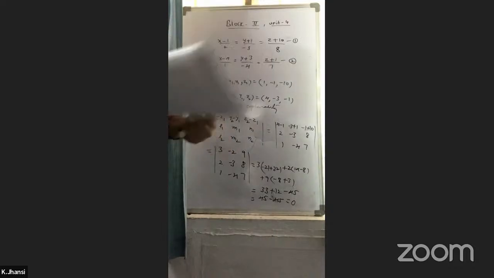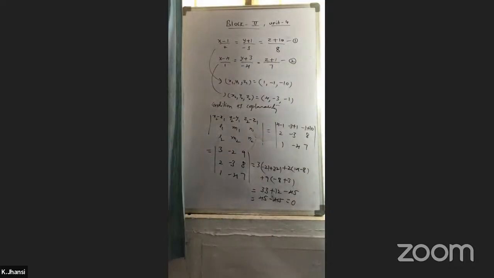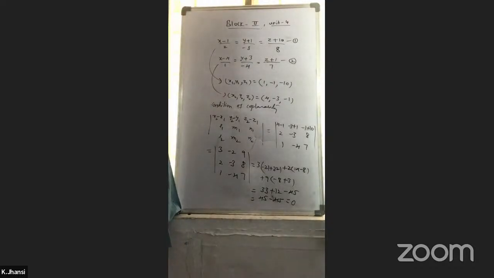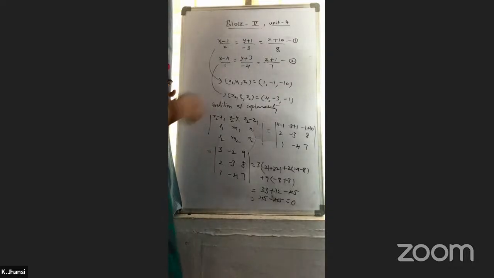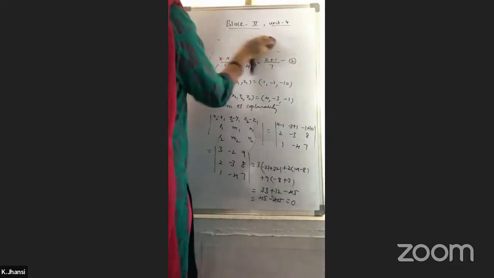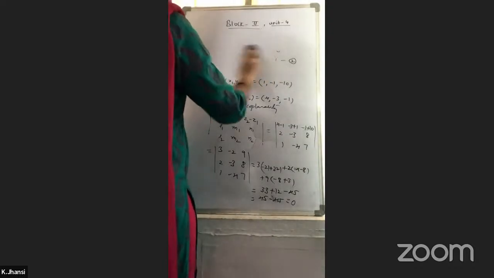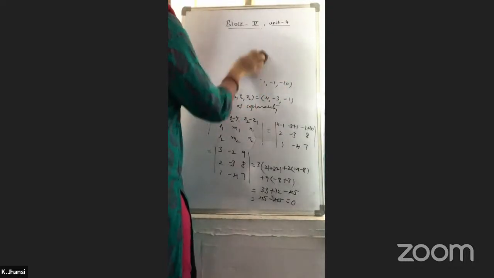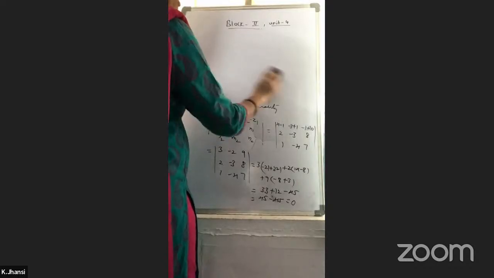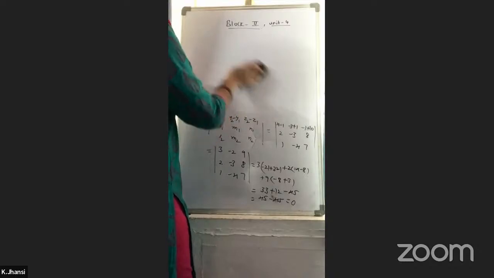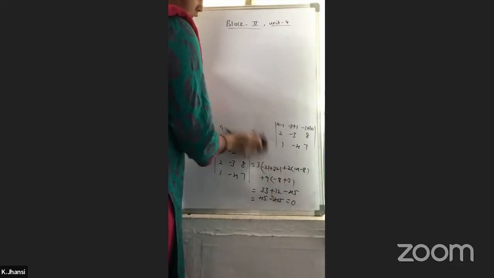So one method is you can convert the unsymmetrical form into symmetrical, and directly follow the same procedure we did yesterday, and solve through that method.